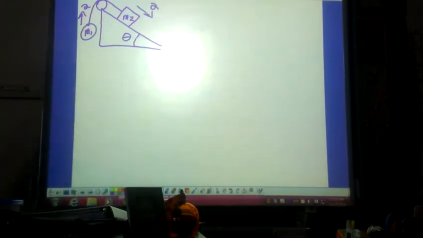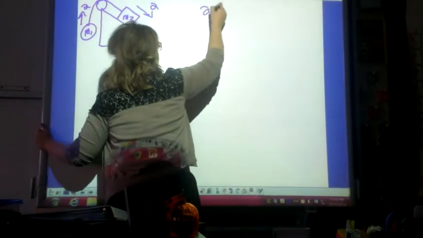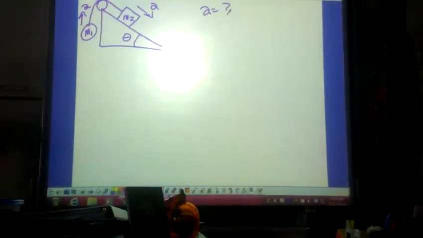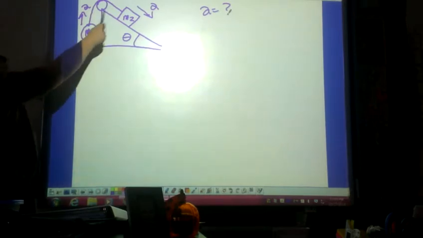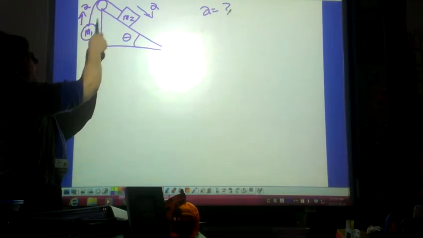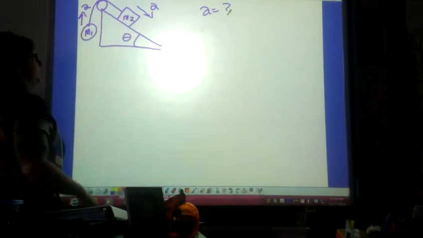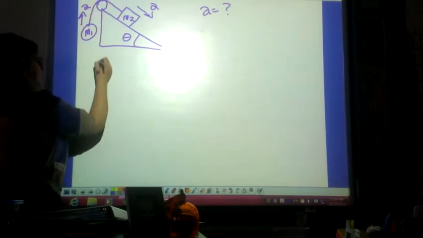That's accelerating that way. So there's my picture. My goal is to find acceleration. So same thing that we do every single time. Separate these up. Free body for M1, sum of the forces. Free body for M2, sum of the forces. Let's go. M1.